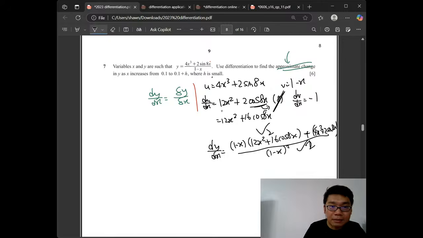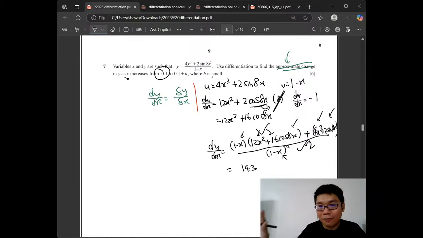Then next you sub this in, but of course it's an application question, so you can sub in your x. This question tells you x is initially 0.1, so you sub in x equals to 0.1 here, here, here, here, here. Then you should get your answer is 14.3. You won't get the 5th mark yet.